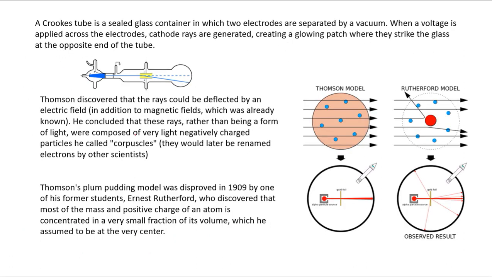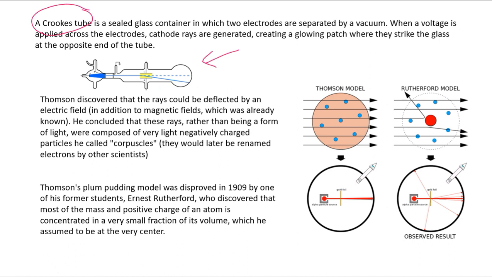Here what you are looking at is what we call Crookes tubes. They are under vacuum, they are empty, and they have two electrodes.